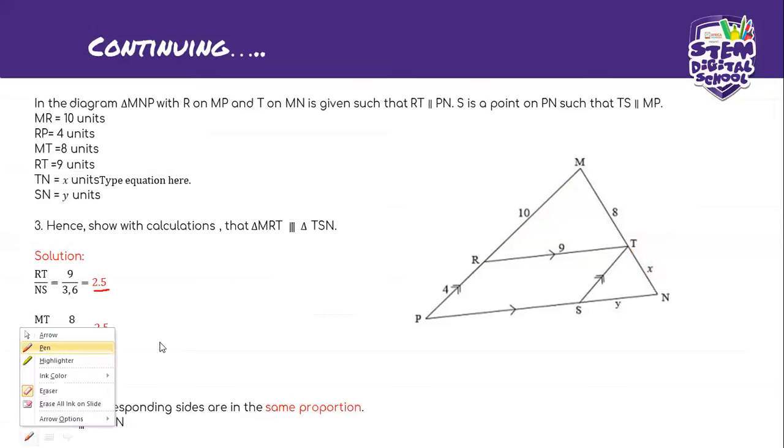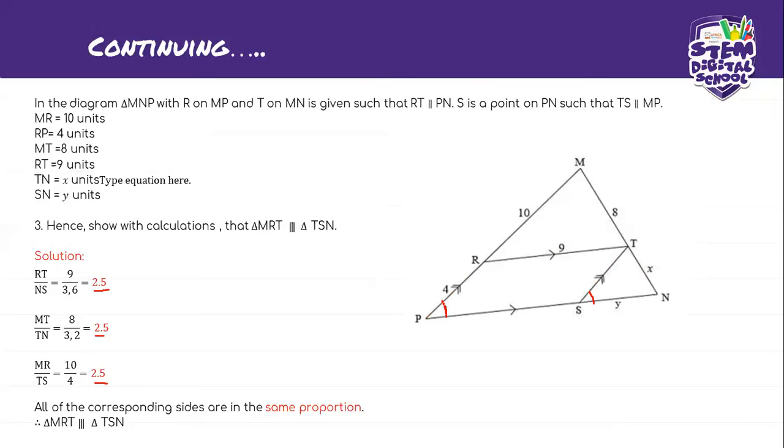If the angle of the first triangle is equal to the angle of the next triangle, then you must know they are similar. For instance, this angle S here is equal to this angle here. The reason is what? Corresponding angles, because this side is parallel to this side, right?